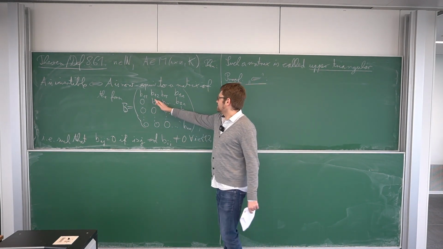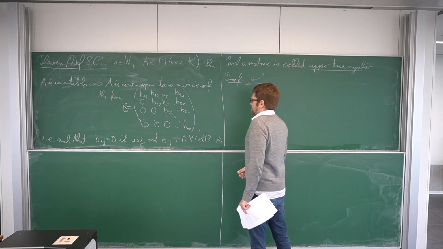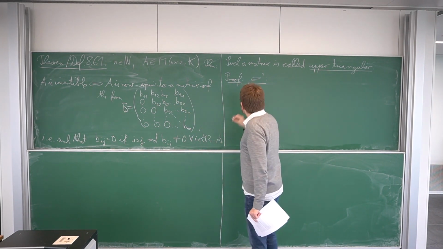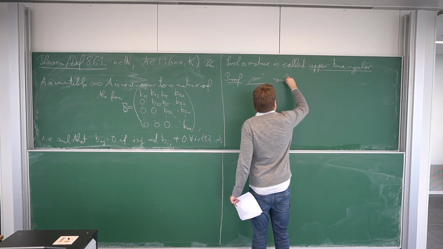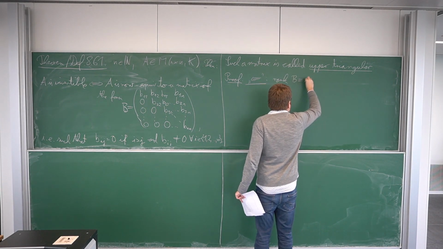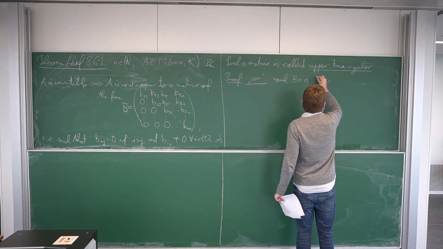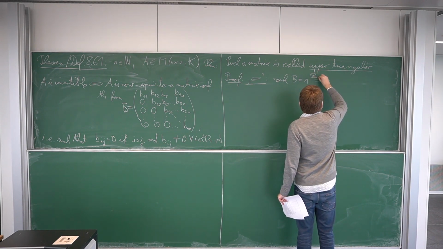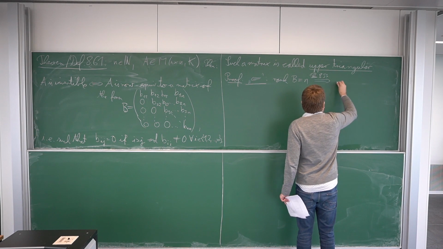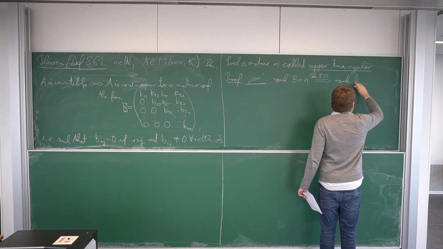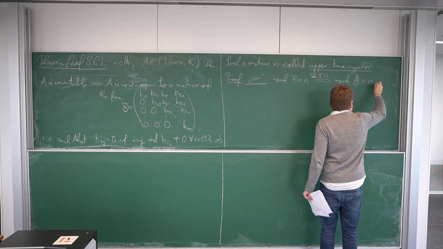Obviously, because all the diagonal elements are non-zero, by the same argument as I used in the row echelon form, you can see that the rank of this must be n. So rank B is equal to n. But since the two are row equivalent by assumption, it follows from Theorem 853 that rank A is also equal to n.